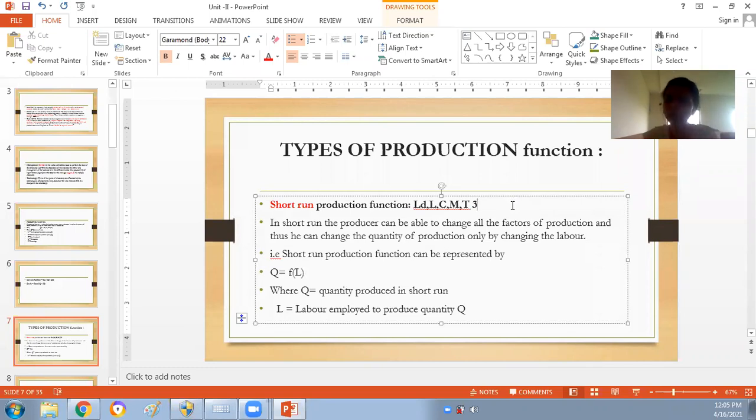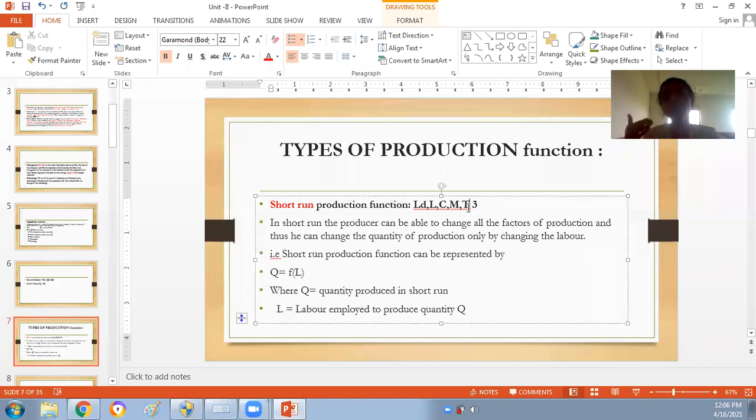Now, in the short run, can we change all the resources, all the factors of production? It will never be possible. For example, if we want to change the technology that we are using, first we need to develop the technology and provide training to the employees. After that, we need to test the technology, and then it might be possible to implement the changes.